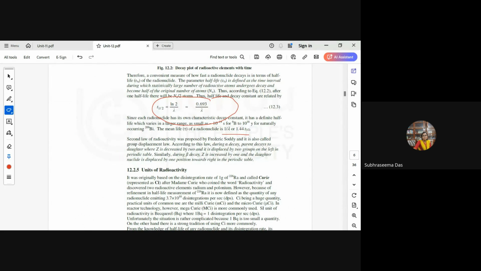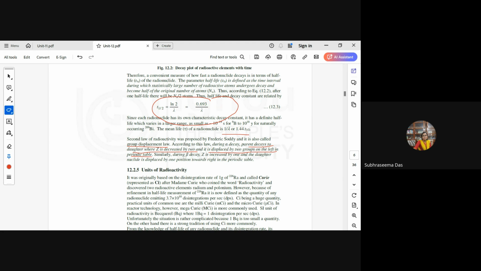The second law of radioactivity was proposed by Soddy and is called the group displacement law. According to this law, during a radioactive decay by alpha emission, the parent decays to a daughter where Z is decreased by 2 and is displaced by 2 places to the left in the periodic table.